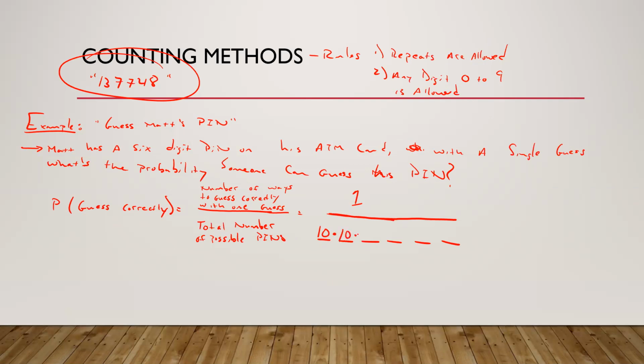Yep, and so on for the third digit, for the fourth digit. The sixth, there's no 6. Oh, where did you get 6? I'm just telling you I have a 6-digit PIN, Jamie. So this is 1 divided by 10 times 10 times 10 times 10 times 10 times 10, which is 1 million.